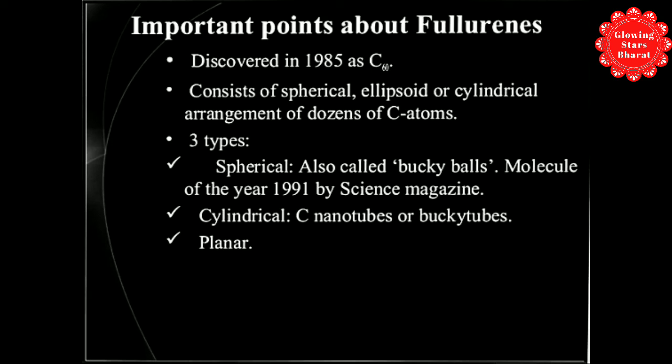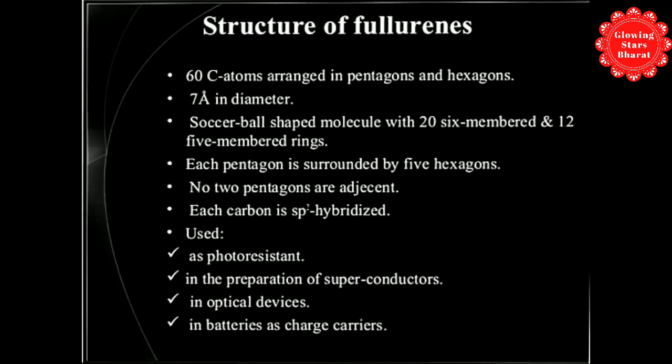Next is, dear student, Bragg's equation, which is also very important in this chapter. Bragg's equation is the determination of crystal structure by X-ray diffraction. Dear students, the size of the unit cell and arrangement of atoms in a crystal is determined with the help of measurement of diffraction of X-ray by the crystal.